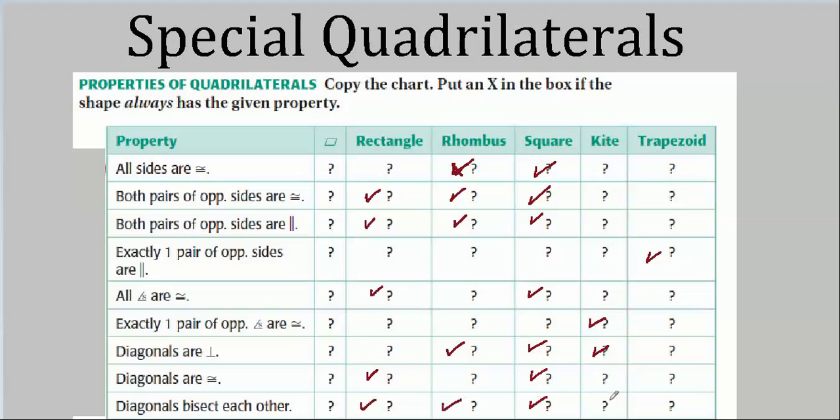Now for the kite, no, they don't have to. Trapezoid, same thing. These two do not have to bisect each other. This little chart here is probably worth having a copy of to study for the standardized exam, because you'll need to know these things.